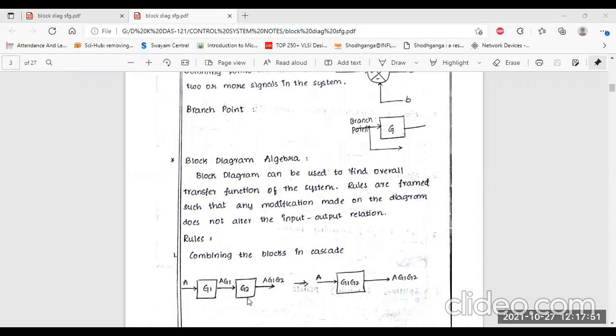We have to calculate these losses and decrease the error level of the desired output. So we combine these two blocks in cascade format. The size is also much smaller than before, and it is completed in one block. This is called the cascade system. So the first rule you have to apply is combining the blocks in cascade format. Clear?